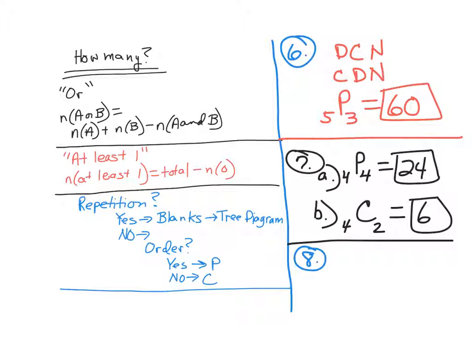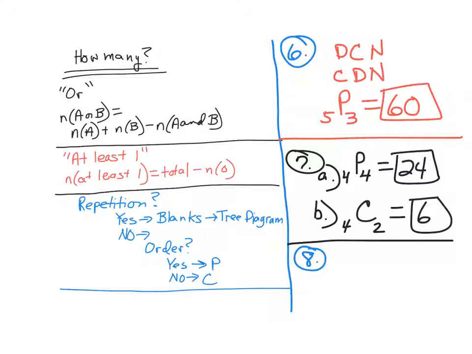And how many different ways can the questionnaire be filled out? Okay, it's not an at least one. It's not an or. So let's go to, is repetition allowed? Yes, it is. I could agree on more than one question, right?